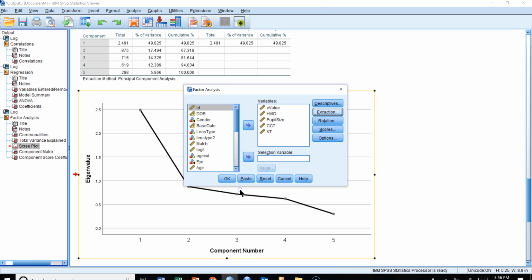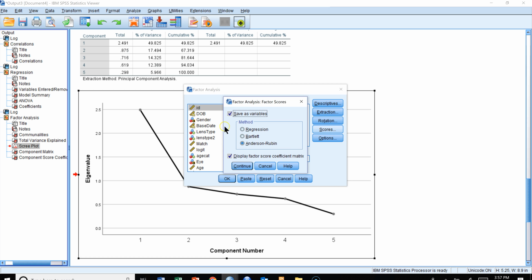We do that because we want to save our factors, or create a new variable, and that's going to be a factor. We're going to get for each person a factor score, and we're going to use the Anderson-Rubin transformation. I like that because that means that the factors all have a mean of 0 and a standard deviation of 1. And we'll display the scoring coefficient.